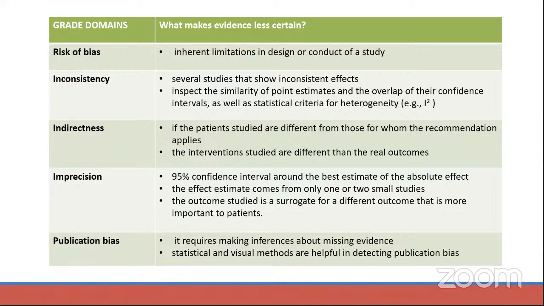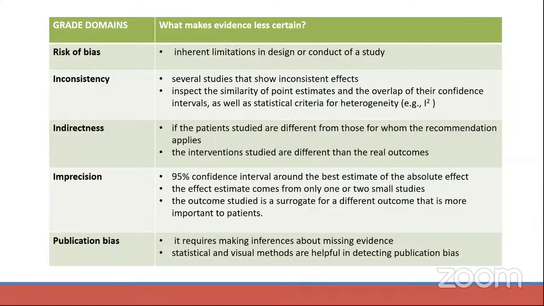Important domains that you need to consider while performing a GRADE assessment, to determine the level of evidence, include five domains: risk of bias, inconsistency, indirectness, imprecision, and publication bias. Here, risk of bias might arise due to inherent limitations in the design or conduct of a study.